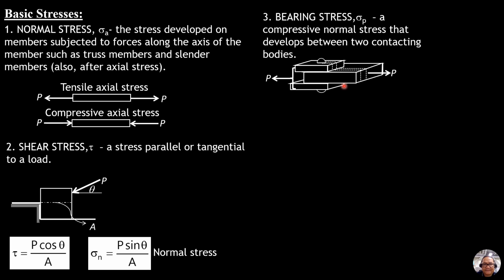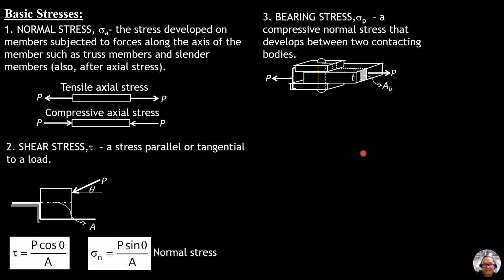In general, if there are n bolts or rivets, the bearing stress would be the load divided by the number of bolts or rivets times that projected area, which is the diameter times thickness. So that's the imaginary body of the bolt or rivet, and the projected area is equal to diameter times thickness of the plate. So that's the bearing area, projected area.